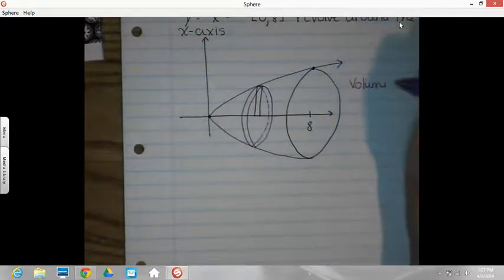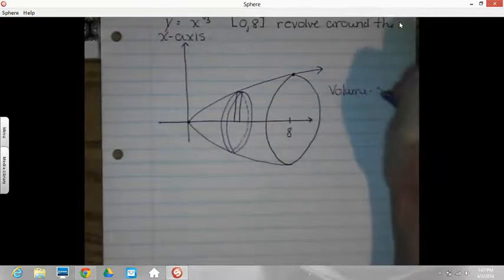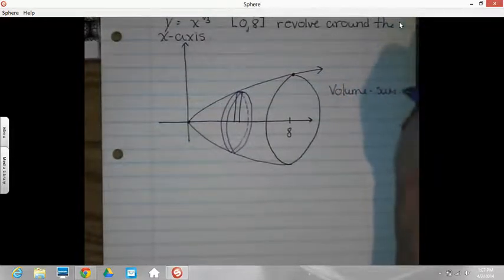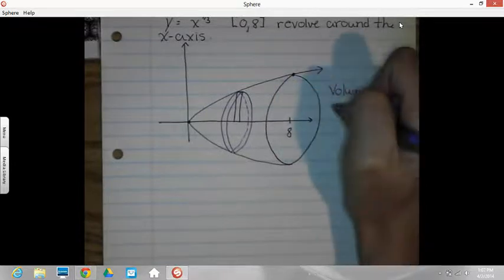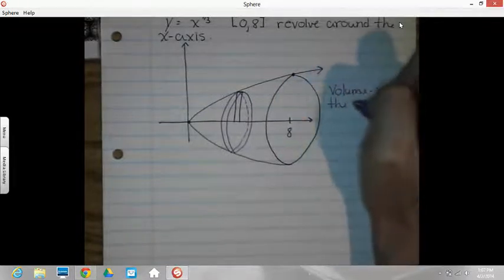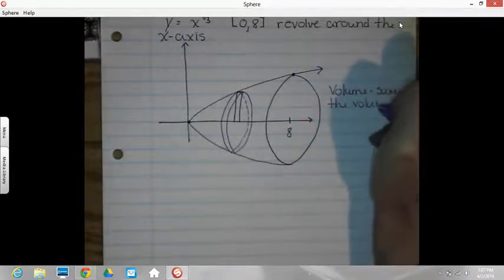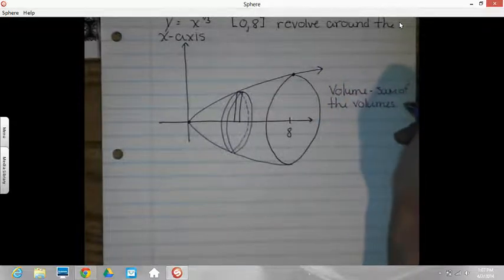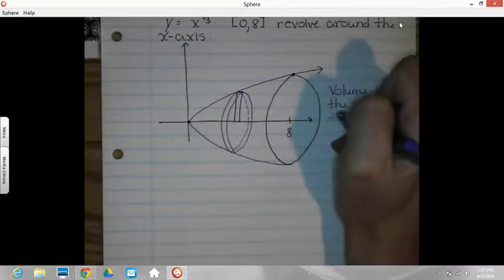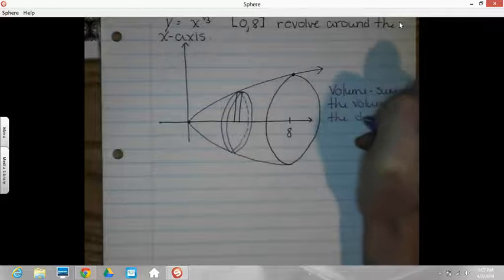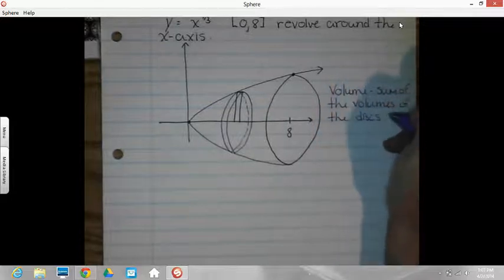So the volume is the sum of the volumes of the discs, which are cylinders.